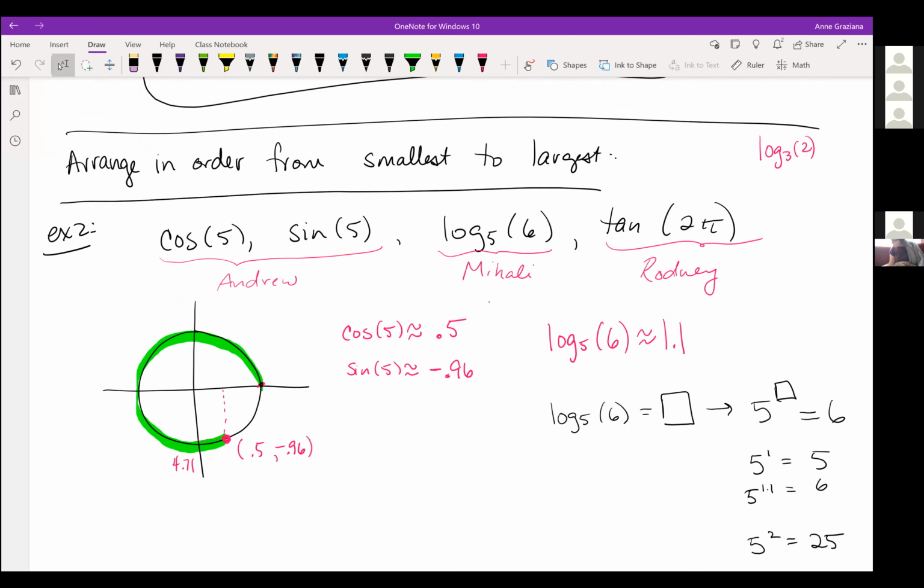We have log base 5 of 6. Now let's go on to tangent of 2 pi. Rodney, are you ready? Uh-oh, Jeopardy theme song. It's in my head. Rodney, are you there? All right.